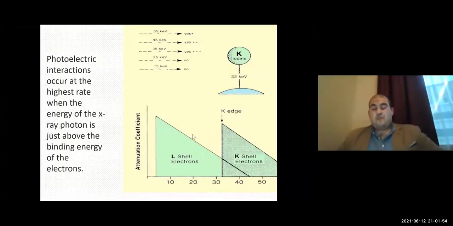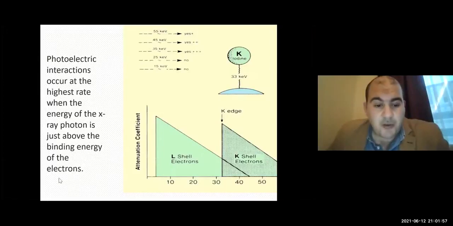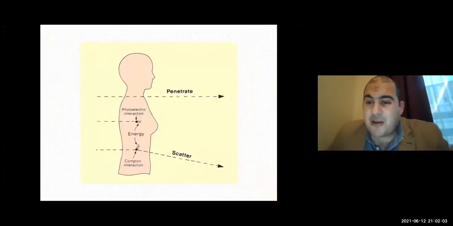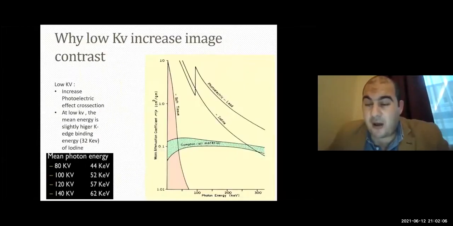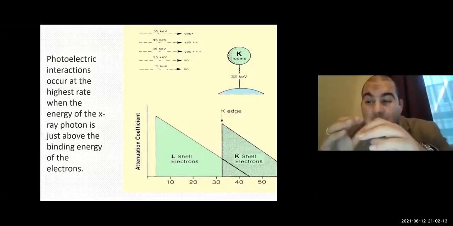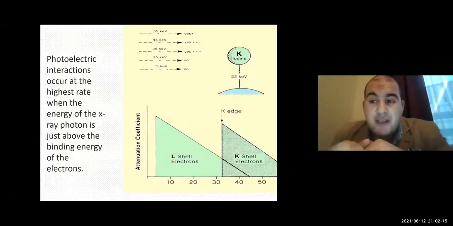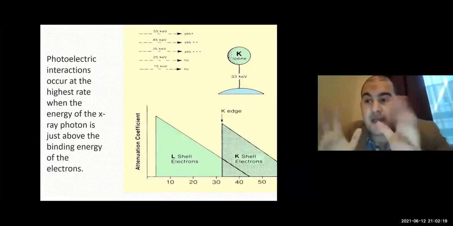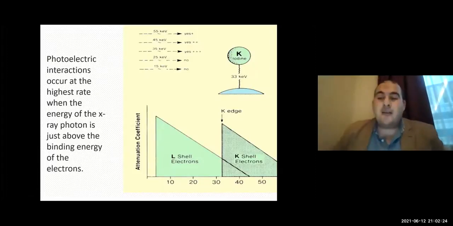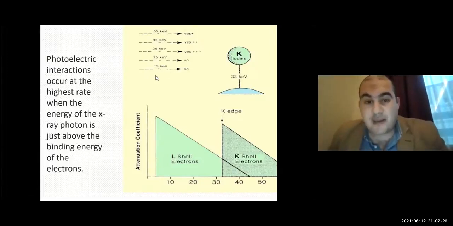But in case of using higher kV, there is much more difference between the mean energy and the binding energy of the K-shell electron in iodine. So the probability of photoelectric interaction becomes less. So we have three reasons to know very well that using low kV is very important in case of iodine cases or contrast media cases.